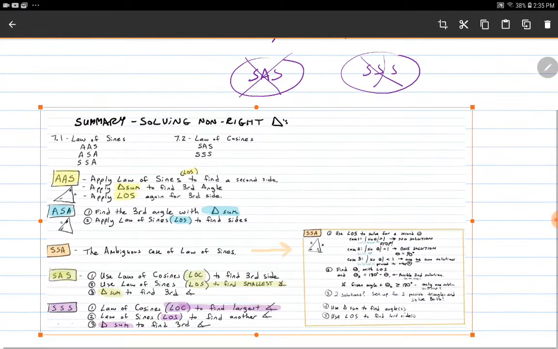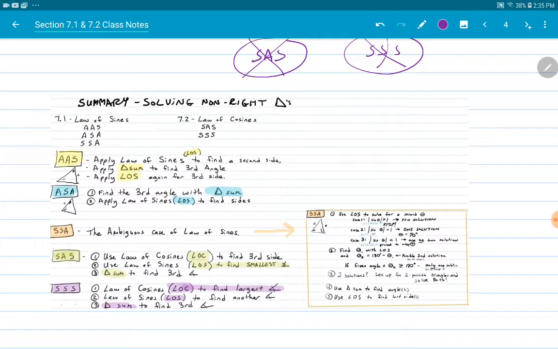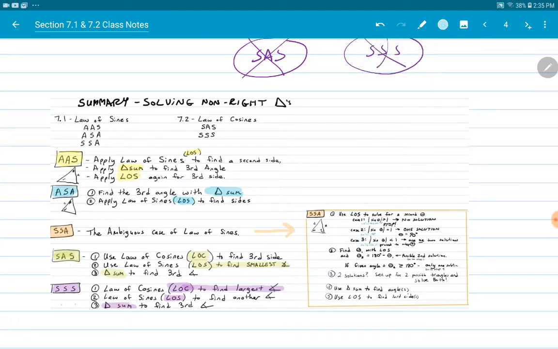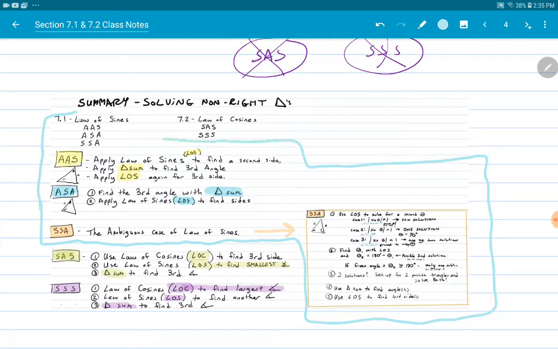This summarizes what we did for 7.1: angle, side, angle, and side, angle, side, which gave us that ambiguous case. So all that was 7.1, and today we're going to move on to 7.2, which has the other two triangles.